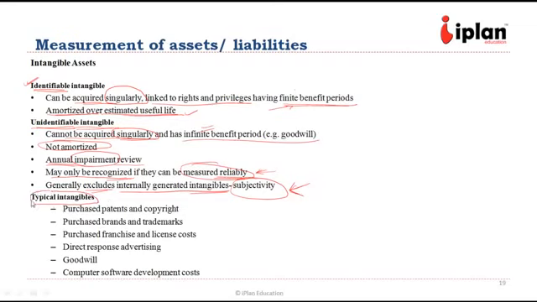So typical examples of intangibles are patents and copyrights which have been purchased, purchased brands and trademarks, purchased franchise and license cost, direct response advertising, goodwill, and computer software development cost. So these are typical intangible assets.